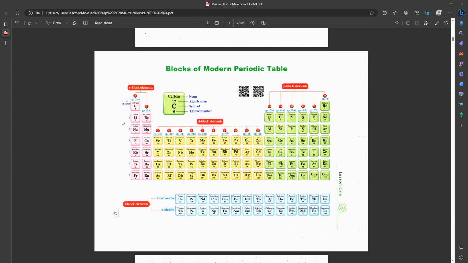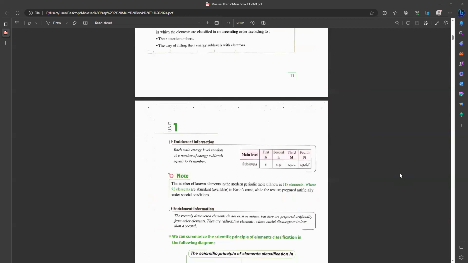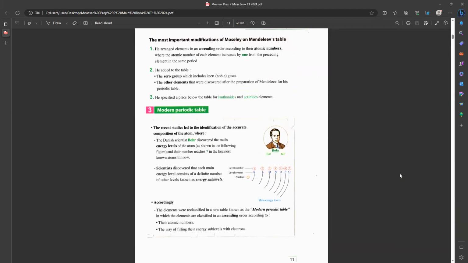So he arranged the elements in a period in ascending order according to atomic number, and put a zero group on the right side of the table. Moseley arranged the elements ascending in a period according to atomic number, not atomic weight like Mendeleev.